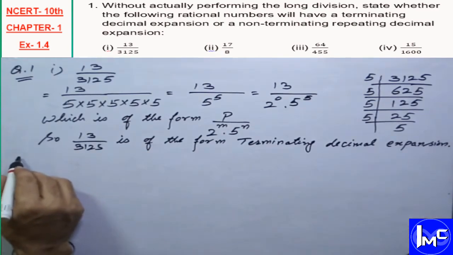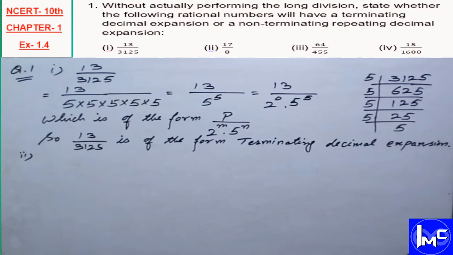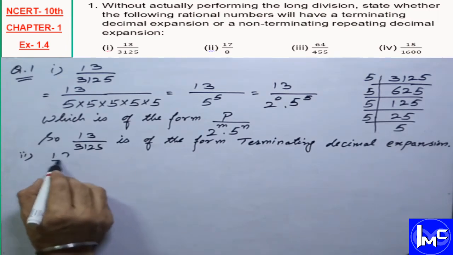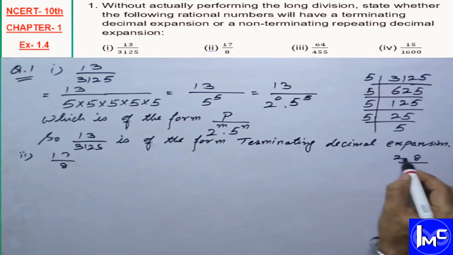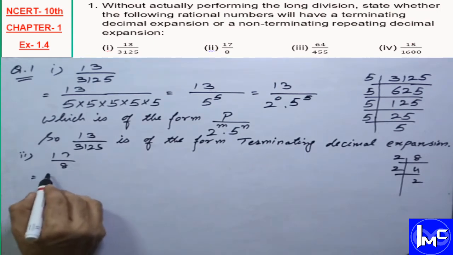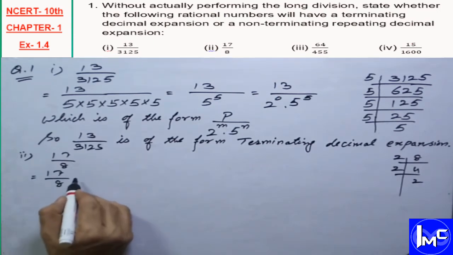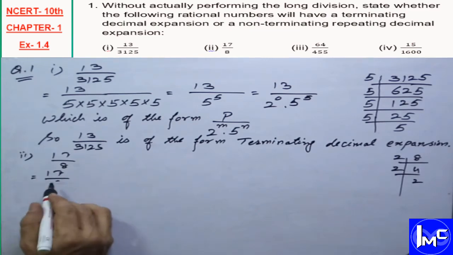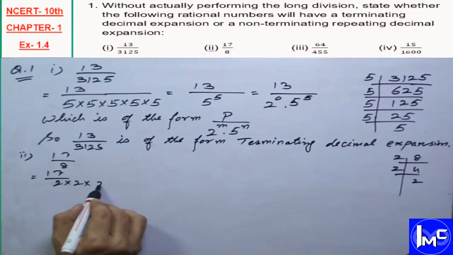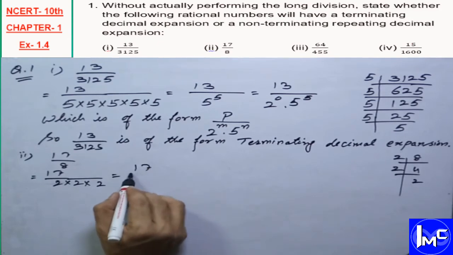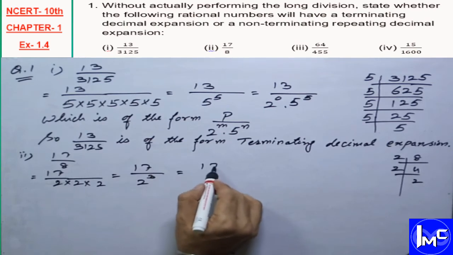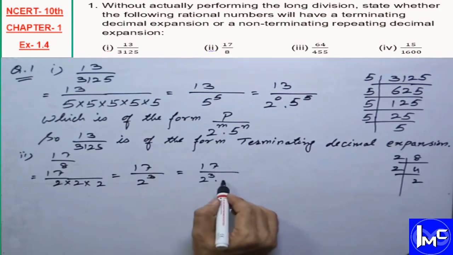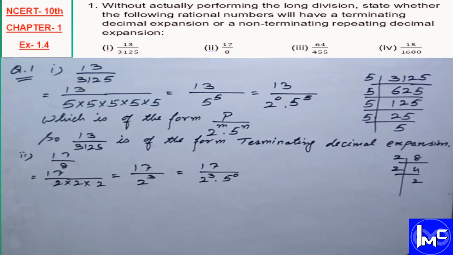Question number 2. 17 by 8. Again make the prime factors of 8. 2 4s are 8, 2 2s are 4. That will be 17 by 8, 2 into 2 into 2, 17 over 2 cube, and it can be written as 17 over 2 cube into 5 raised to power 0.